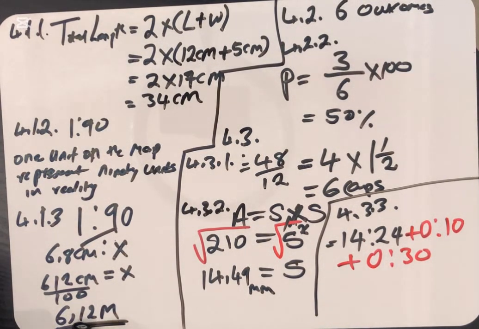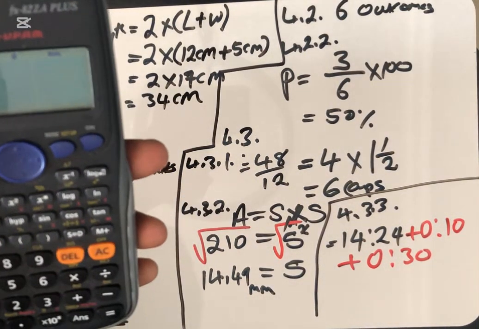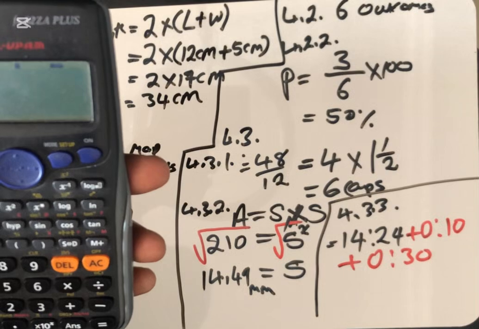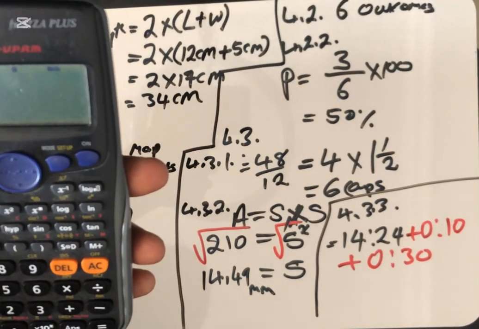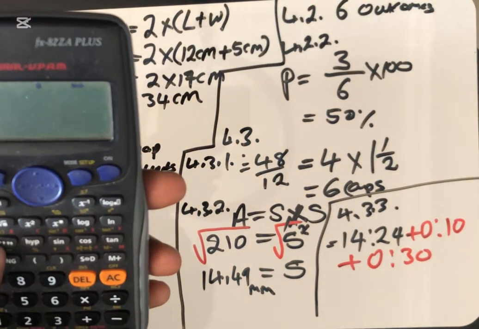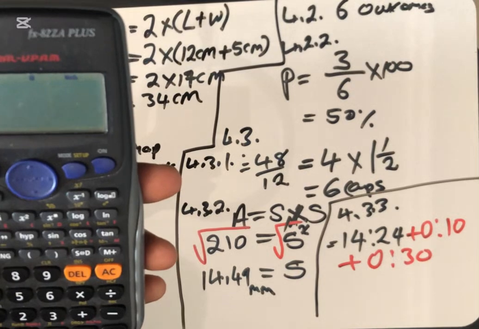So let's check. If we add 40 minutes from 14:24, it leads us to what time? You take your calculator. You're going to say 14 hours, you press this button to give you something like this.